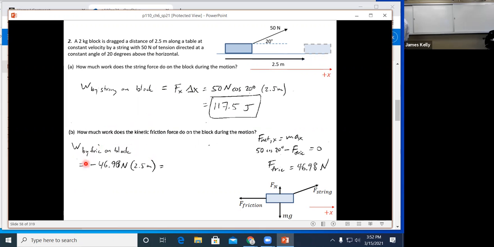If my plus x is along the direction it's being displaced, then the friction force has a negative x component. You got to put those minus signs in there in order to use this Fx delta x formula correctly. Okay, and it's exactly equal and opposite to the work done by the pulling force, the string force. It's kind of interesting. We'll see how that comes together later.